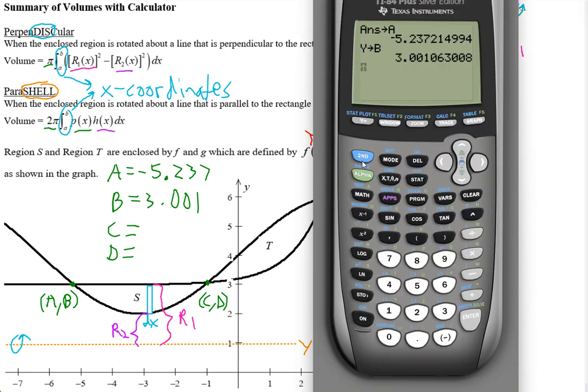So second calc, number 5 intersect. Again, first curve, hit enter, second curve, enter. I'm going to guess this one's at -1, so just type in -1 for my guess. And it's negative 0.960 for C. You got it.